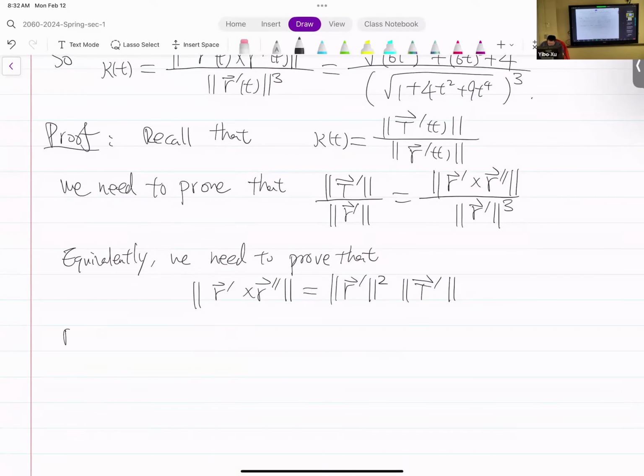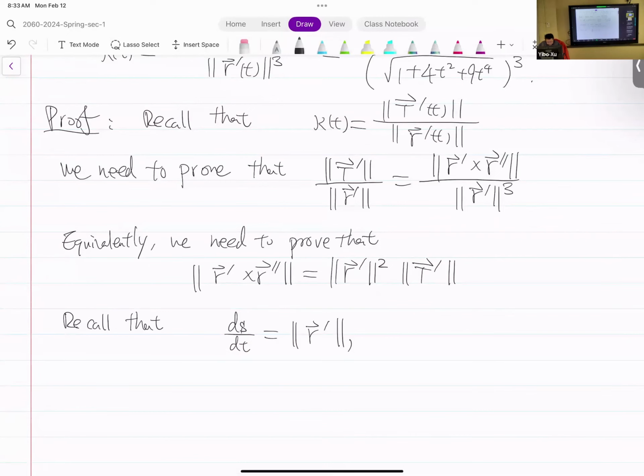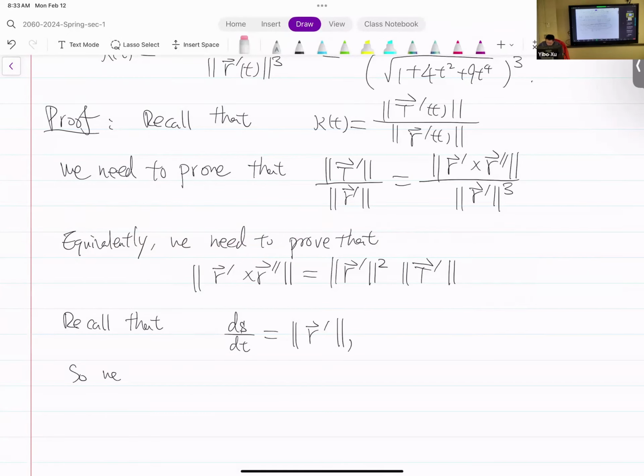Now, recall. So r prime, the magnitude, we know what this is. This is exactly the rate of change of the arclength, as a function. So instead of proving this formula, we just want to replace the magnitude of r prime by ds dt, the rate of change of arclength.